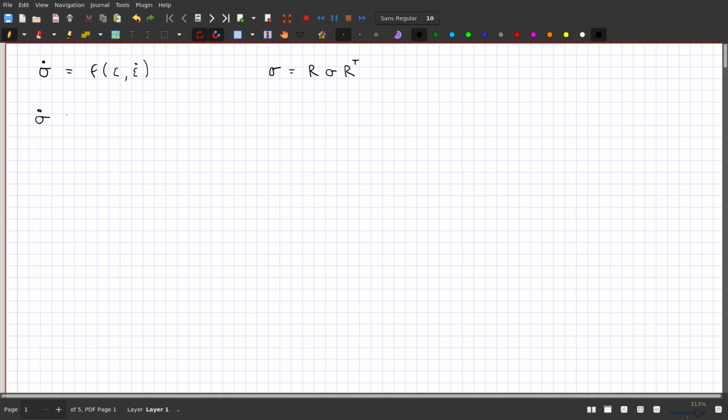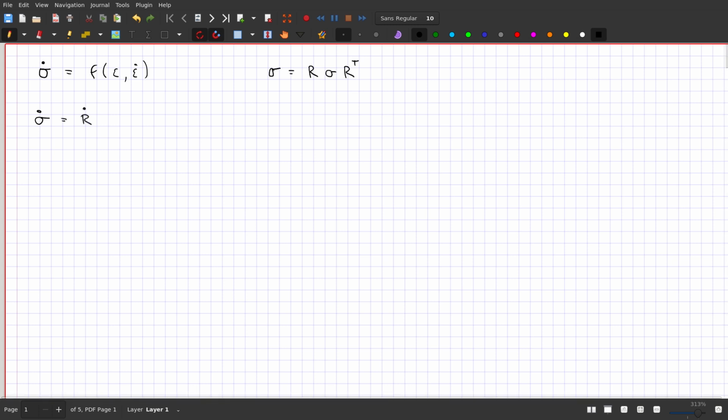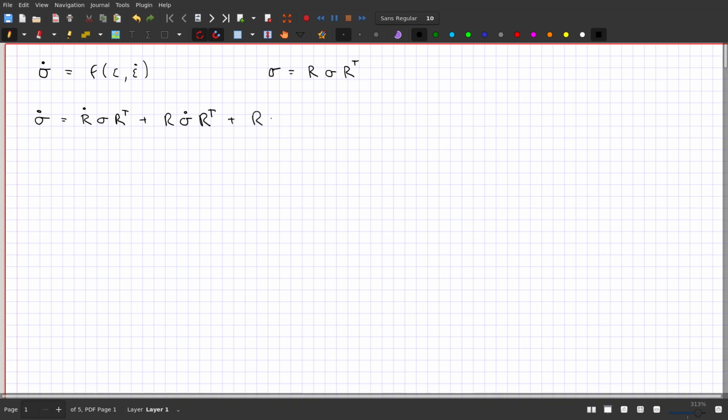But if we take the time derivative of both sides of that equation, we get this. And of course, this is not equal to this. So therefore, this is not objective, is a word we use, or it doesn't obey the principle of material frame indifference.